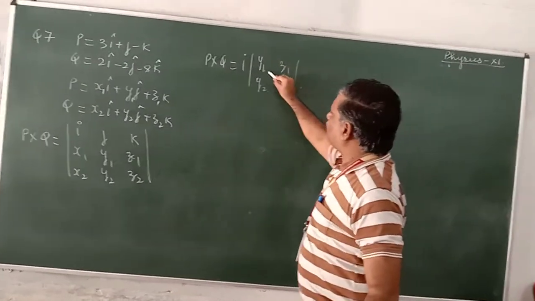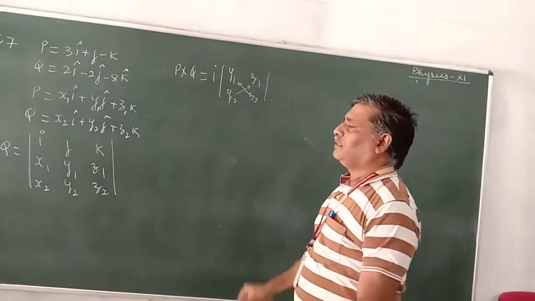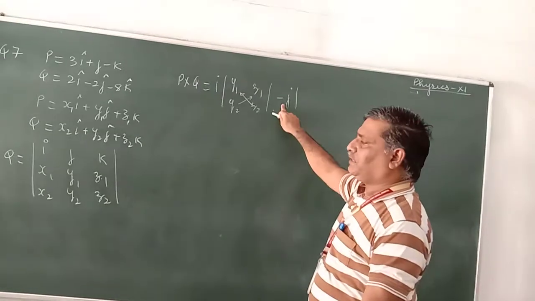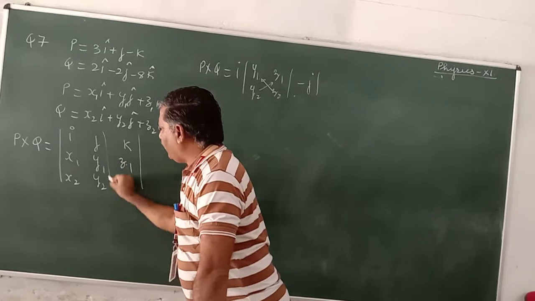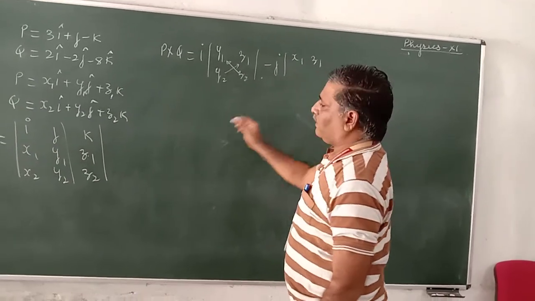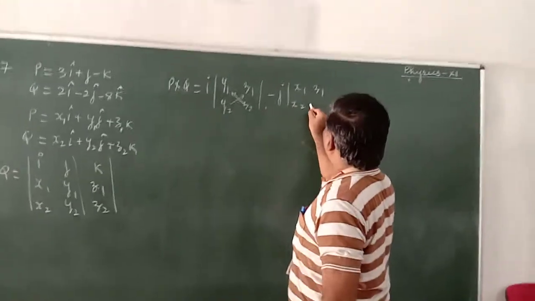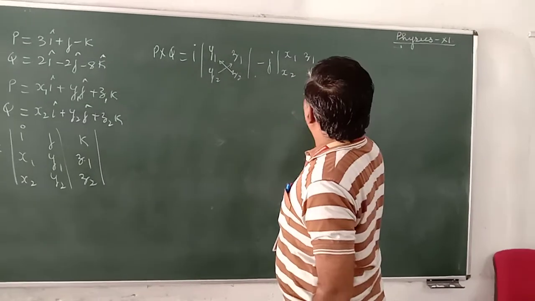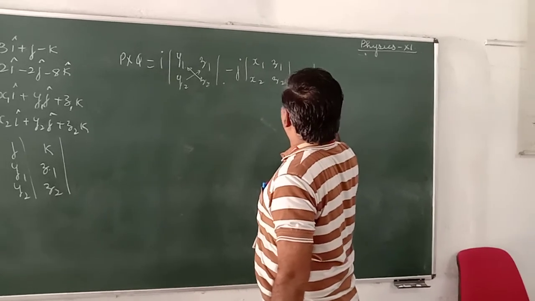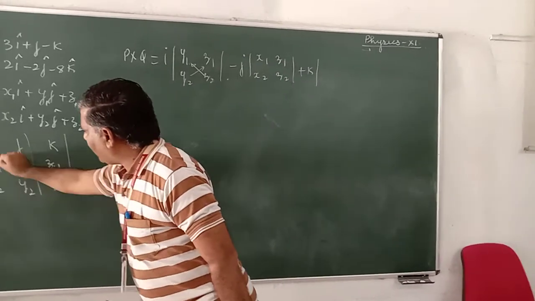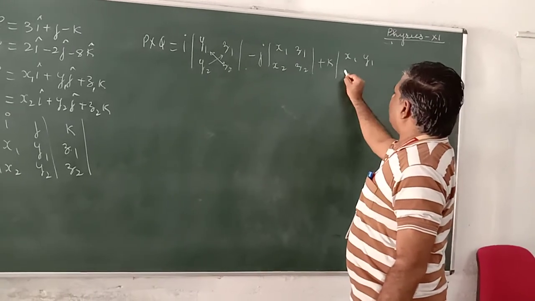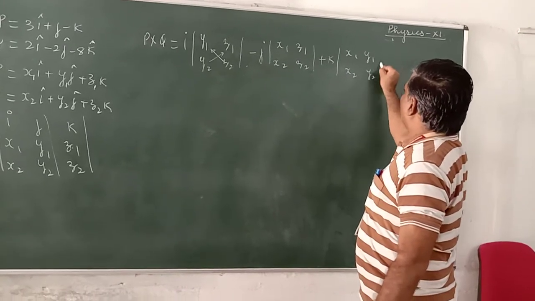This is this minus this. Plus, the middle sign comes as minus j, leaving this column and taking x1, z1, x2, z2. Then the sign is plus k times the determinant of x1, y1, x2, y2.